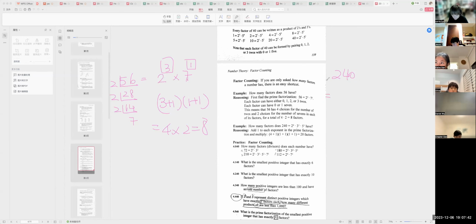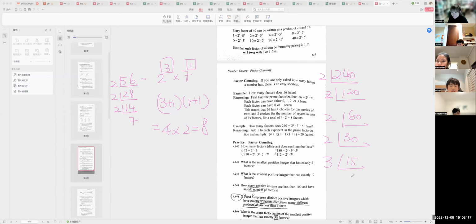Chapter, can you help me to do this one together? First of all, we need to make 240 into its prime factorization, right? So how do we do it? Divide by 2, very good. So equals what? 120. And divided by 2 equals? 60. Divided by 2 equals? 30. Divided by 2 equals? 15. And divided by 3 equals 5.